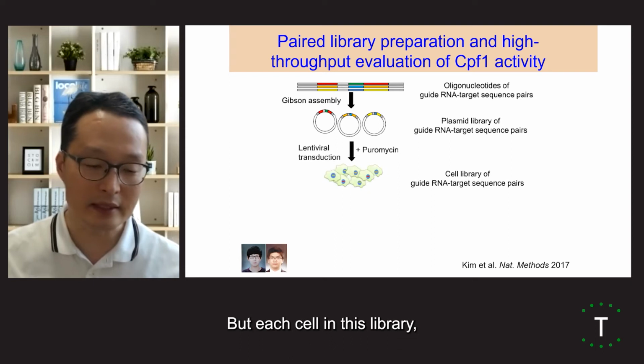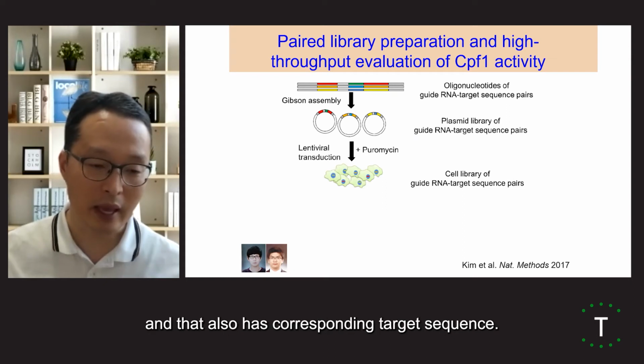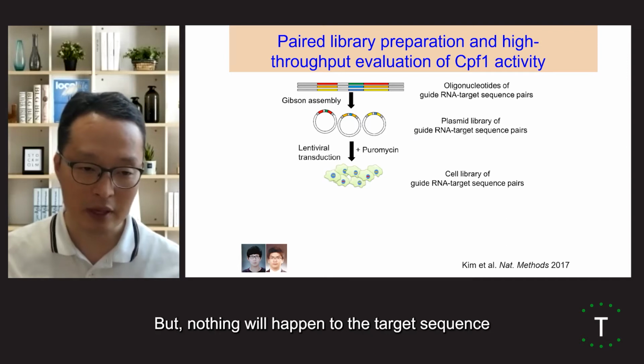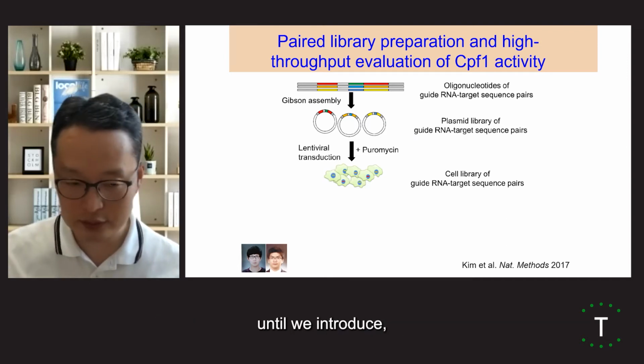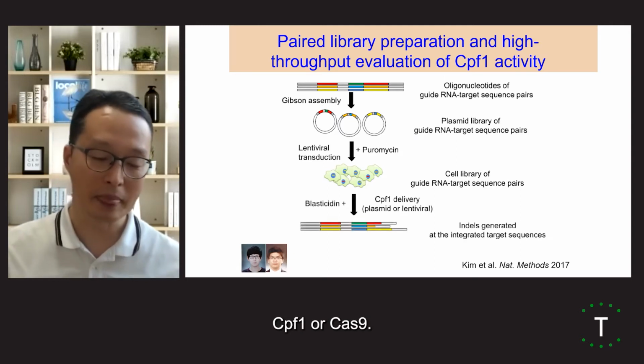Each cell in this library contains a specific guide encoding sequence, and that cell also has the corresponding target sequence. But nothing will happen to the target sequence until we introduce Cpf1 or Cas9.